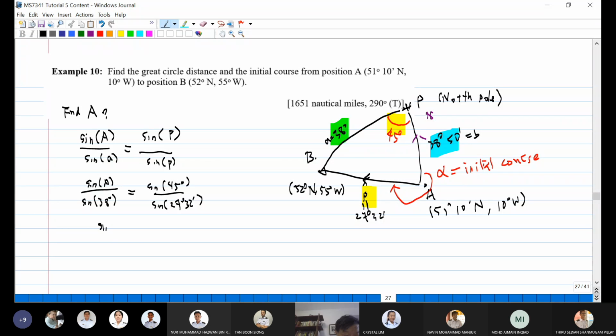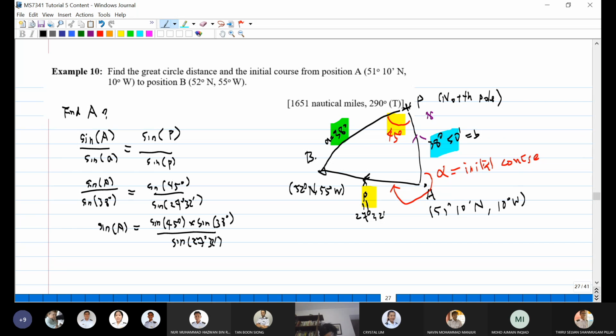So sine A is equal to sine 45 degrees times sine 38 degrees over sine 27 degrees 32 minutes here. So we can find out what this A is.